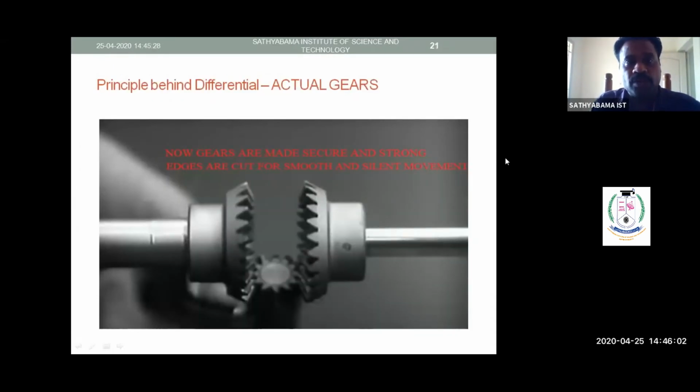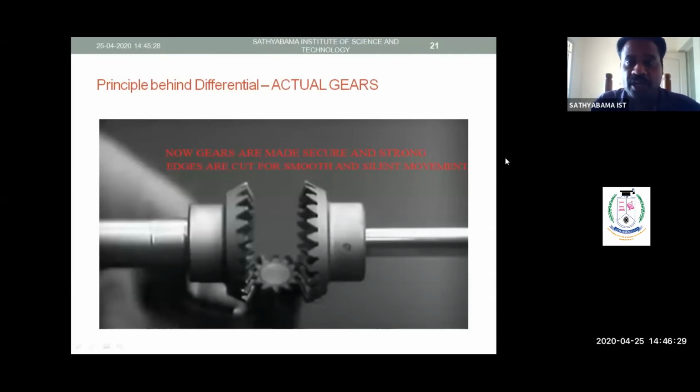Now, this is the principle behind the differential actual gears. Now, gears are made secure and strong. Edges are cut for smooth and silent movement. Normally, if you make a surface rough, noise will be there. So the edges of any object should be rounded off to at least a minimum radius in order to have smooth and silent operation.